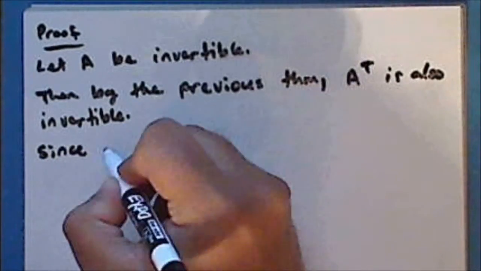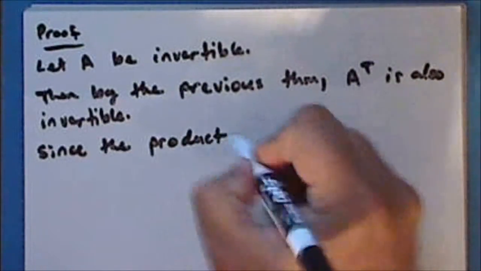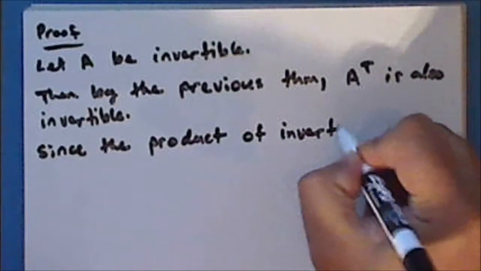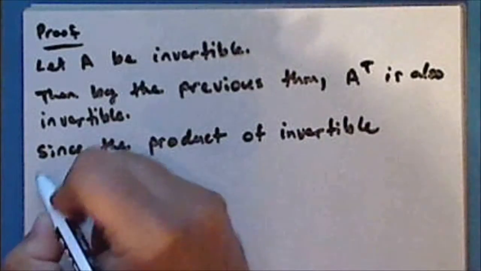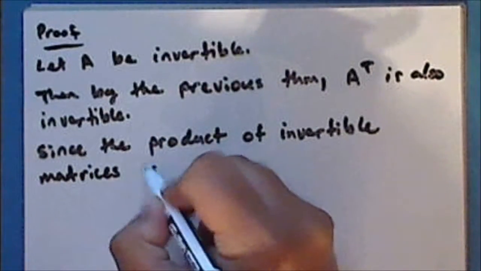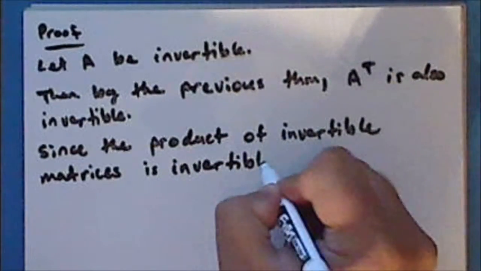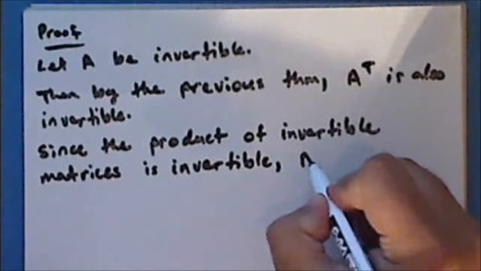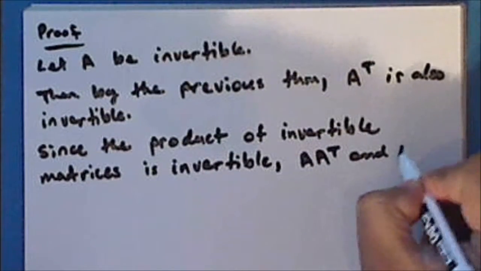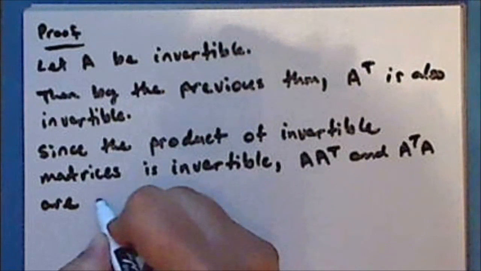And since the product of invertible matrices is invertible, the products A times A transpose and A transpose times A are invertible.